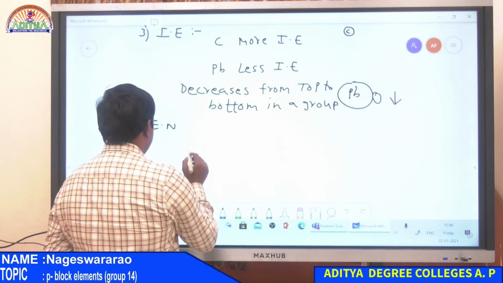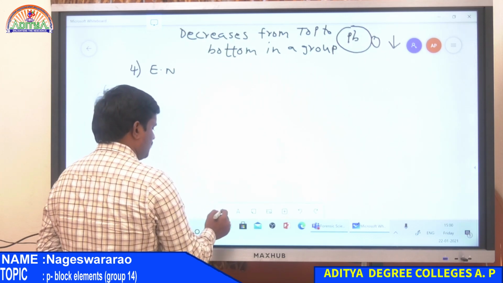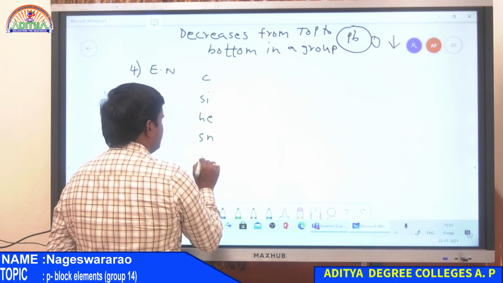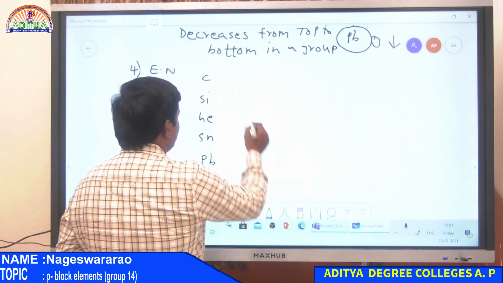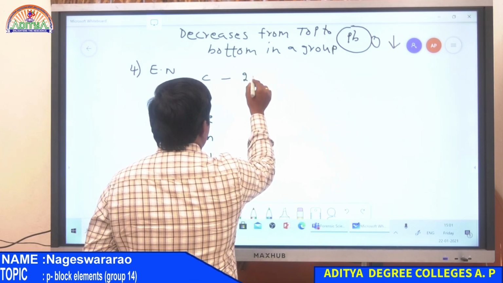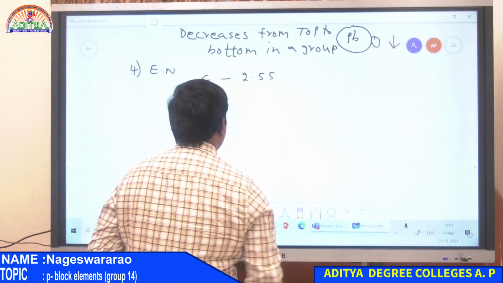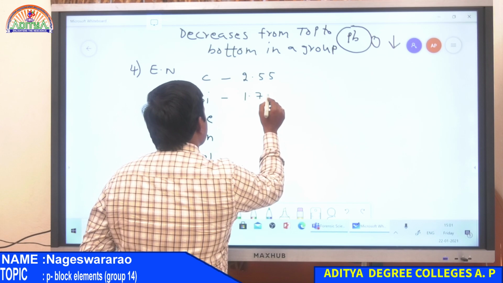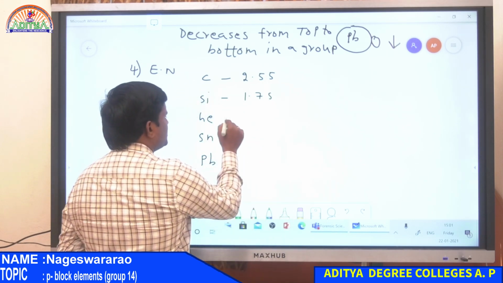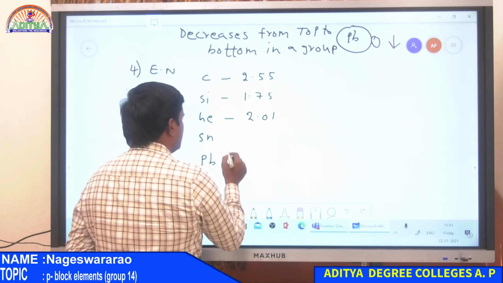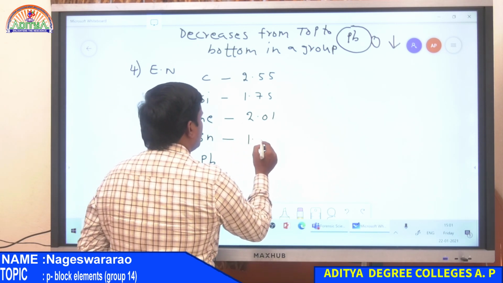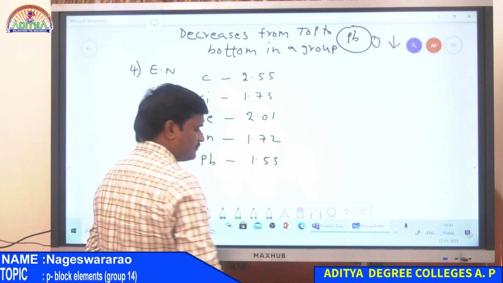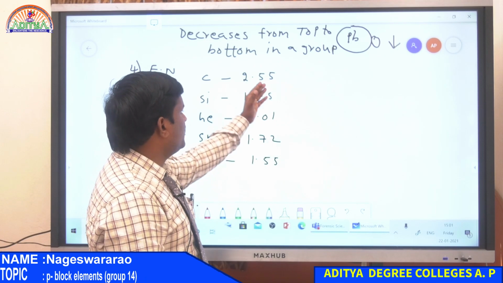For carbon, silicon, germanium, tin and lead, carbon has an electronegativity value of nearly 2.55, whereas silicon has 1.75, germanium 2.01, then 1.72, and lead only 1.55. So all these are the values of electronegativity.